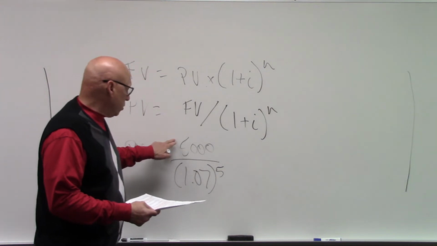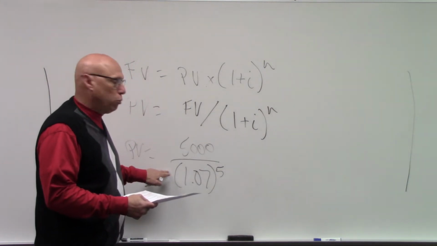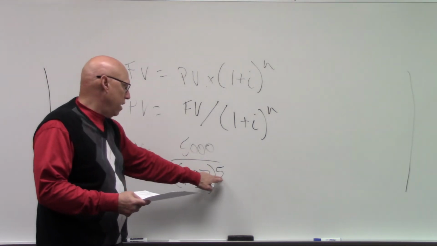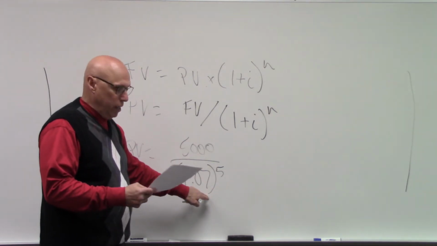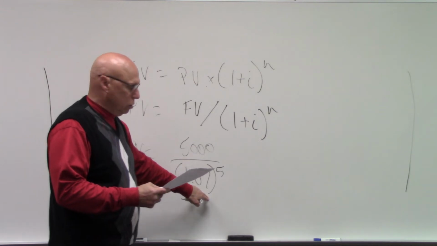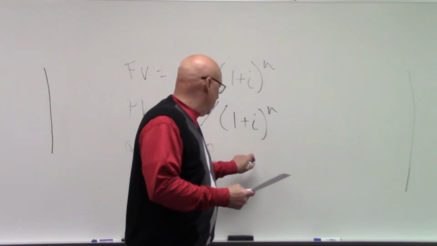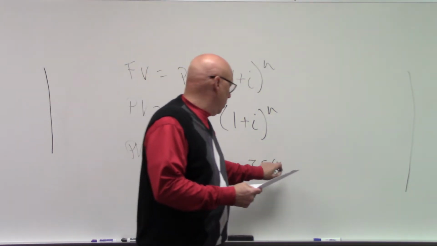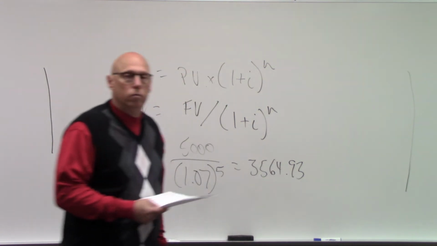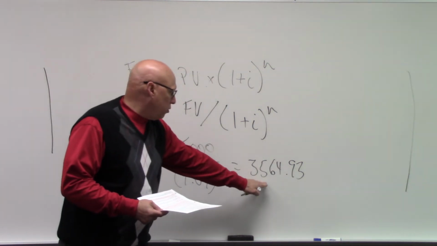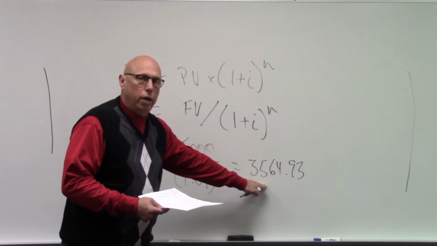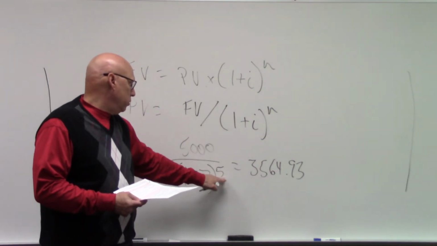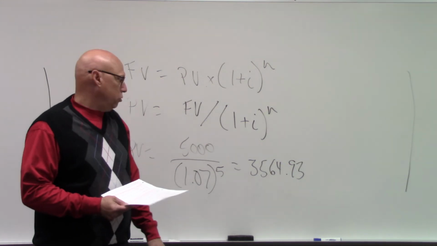So, 5,000 divided by, open paren, 1.07, yx 5, close paren, equals 3564.93. Okay? If you pay $3564.93 today, and it earns 7% a year for 5 years, that will become $5,000.